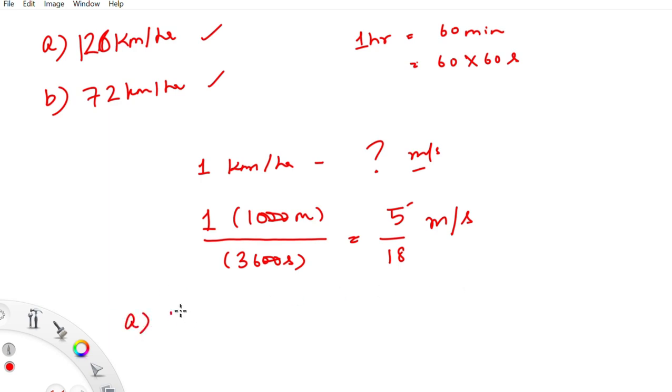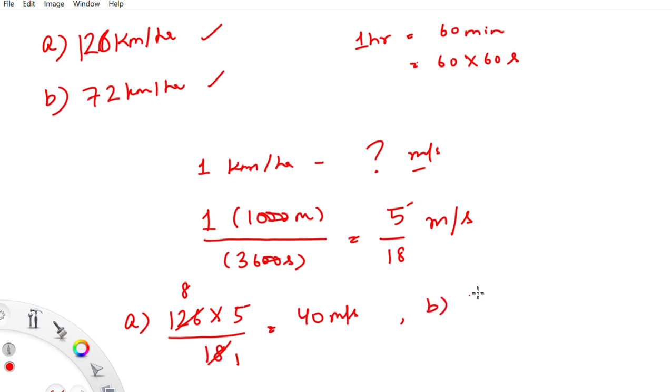So let's start off with the first part, 126 kilometers per hour. You multiply this by 5 by 18, and this is 18 times 7. So this gives you 35 meters per second.